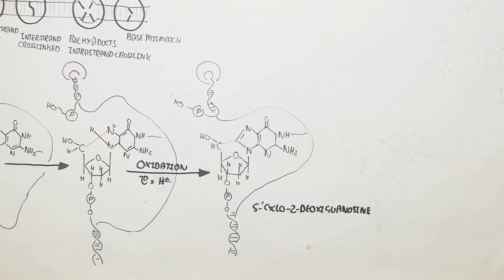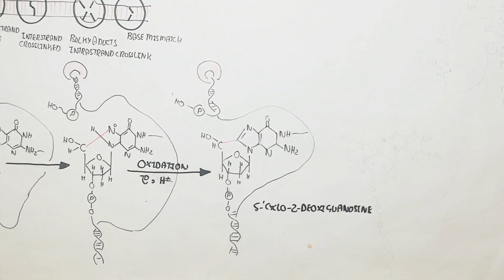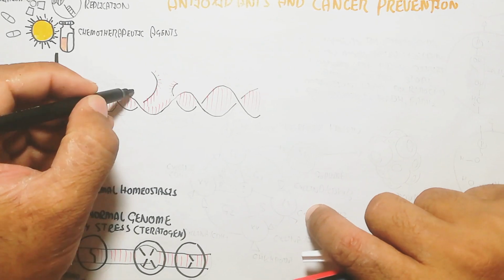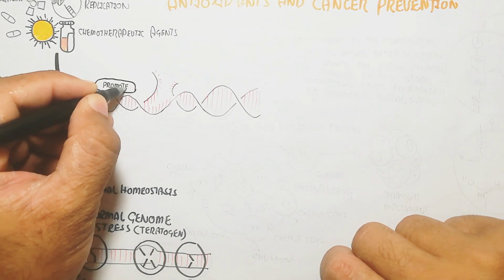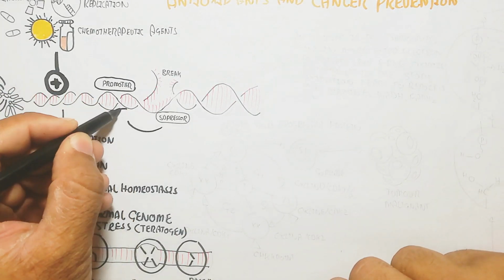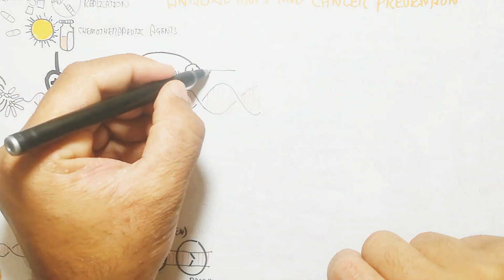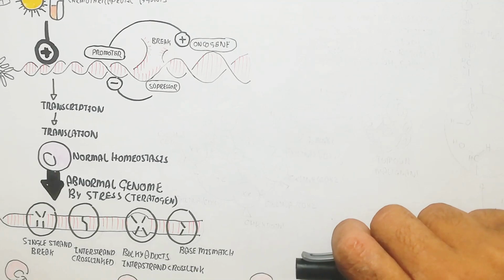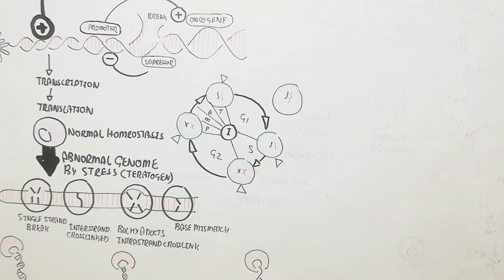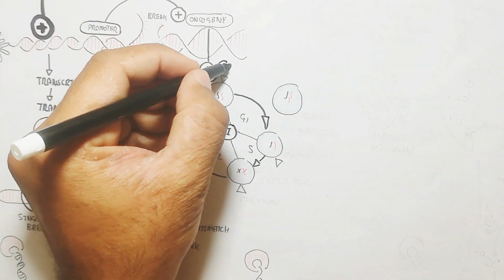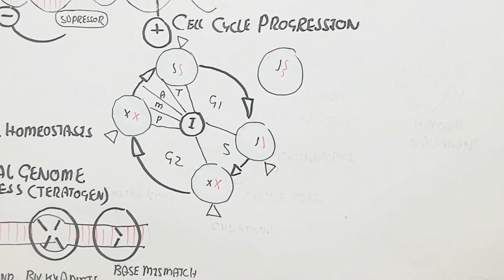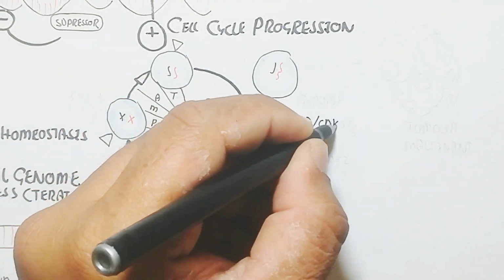It is the damage of the DNA, remember, and this is the biochemistry, and 5',8-cyclo-2'-deoxyguanosine formation will occur. Anyhow, the damage of the DNA will occur, for example in the promoter region and the suppressor. So the suppressor break will not inhibit the promoter, the promoter will stimulate the oncogene without inhibition by the suppressor, and cell cycle progression will occur. Cell cycle progression is normally controlled through cyclin and CDK enzymes.